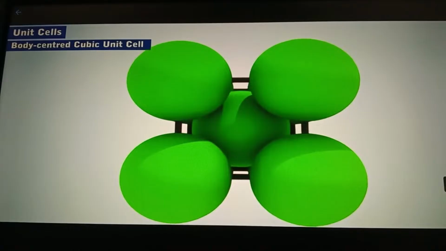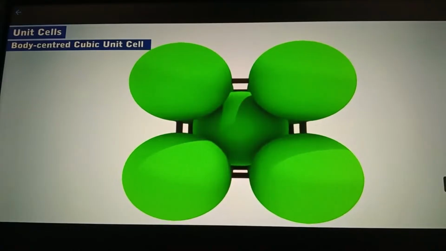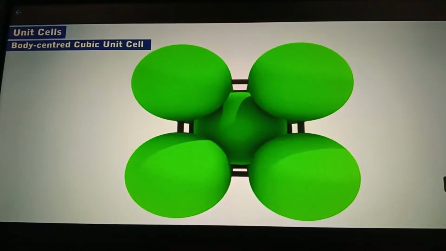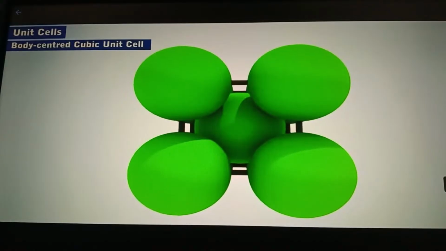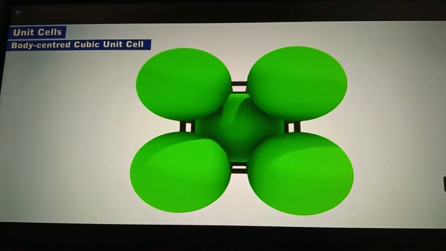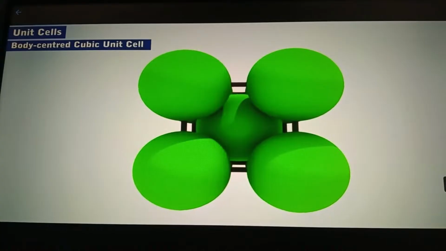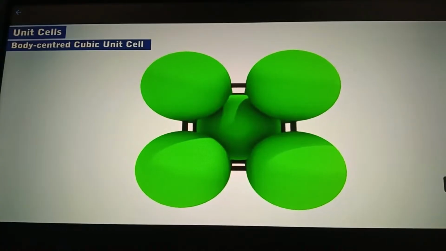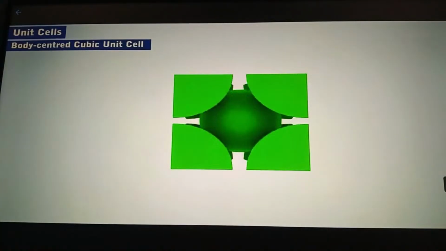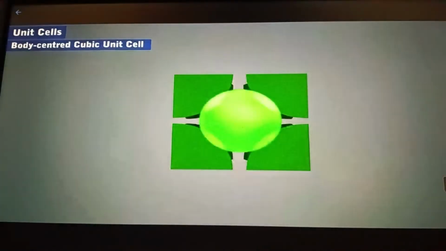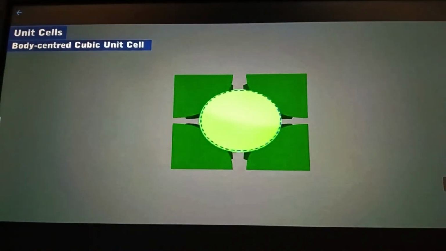The unit cell of a body-centered cubic cell is shown here. It is clear that the 8 atoms at the corners contribute 1/8 of their actual volume each. In addition, one atom lies completely inside the cell.